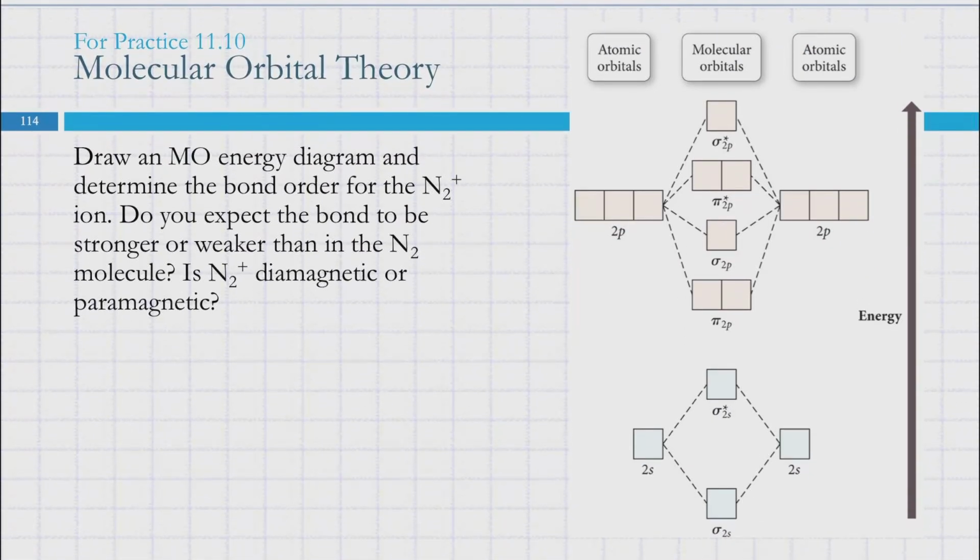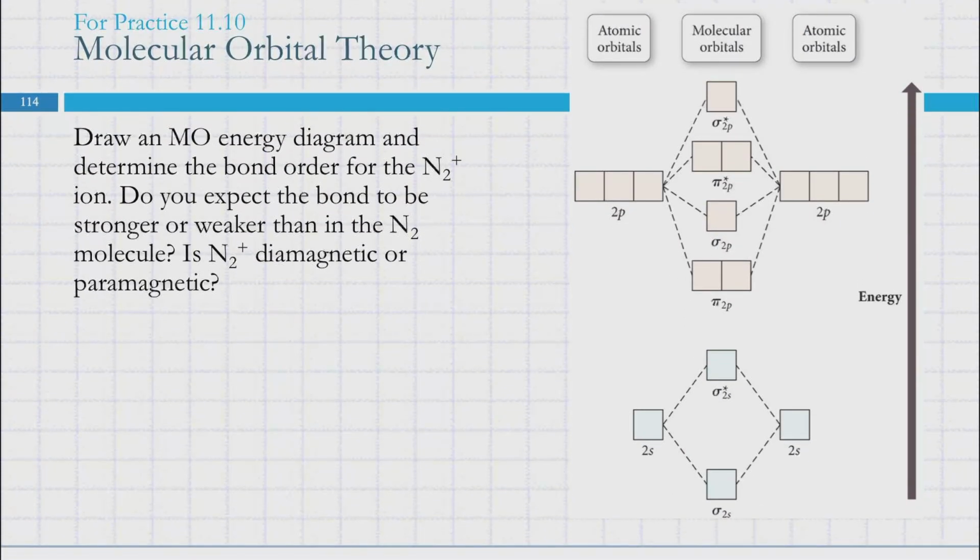All right, here is a generic molecular orbital diagram for nitrogen. Fill it in for N2+, and is that going to be stronger or weaker than N2? Is it diamagnetic or paramagnetic?